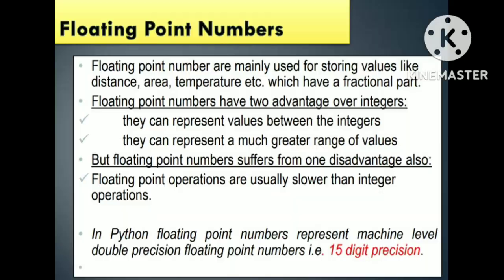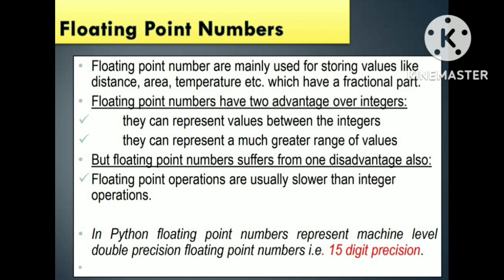Now we will see about floating point numbers. Floating point numbers are mainly used for storing values like distance, area, temperature, etc., which have a fractional part. Floating point numbers have two advantages over integers. They can represent values between the integers. They can represent a much greater range of values.